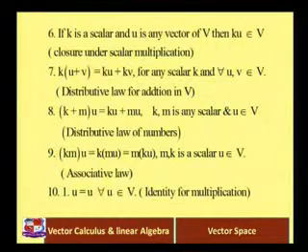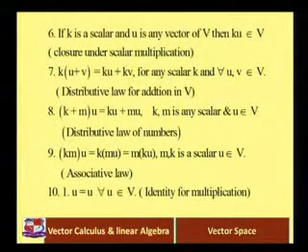The next condition is (k into m) into u is equal to k into (m into u), which is equal to m into (k into u), true for any scalars k, m and u belonging to V. So it's called the associative law. And the last condition is 1 into u is equal to u, which should be true for all u belonging to V. It is the identity for multiplication.